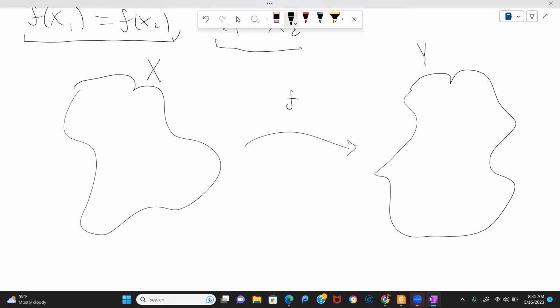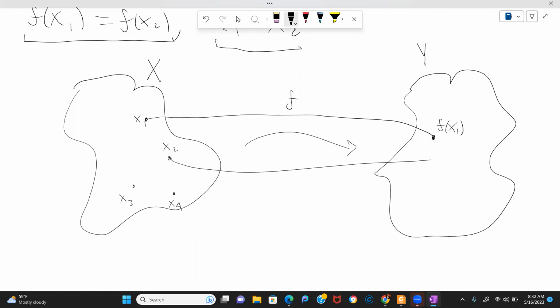And f sends points in X to points in Y. So this might be x1, x2, x3, and then this would be f of x1, f of x2.